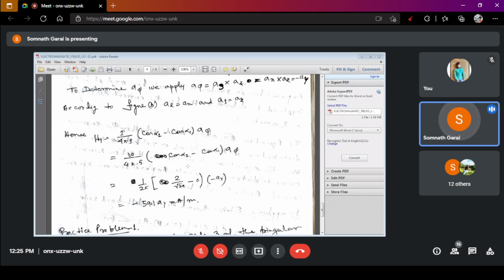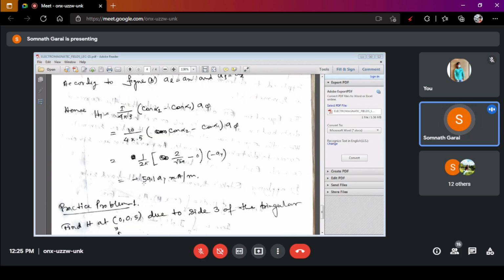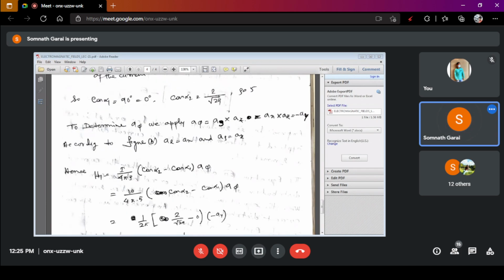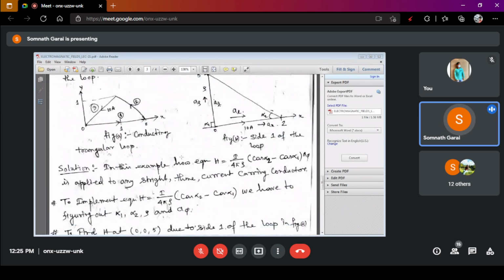If we put in the values and calculate, the magnetic field intensity is approximately minus 59.1 ay milliampere per meter. That is the way you calculate the magnetic field intensity due to a straight current-carrying conductor, considering section 1.